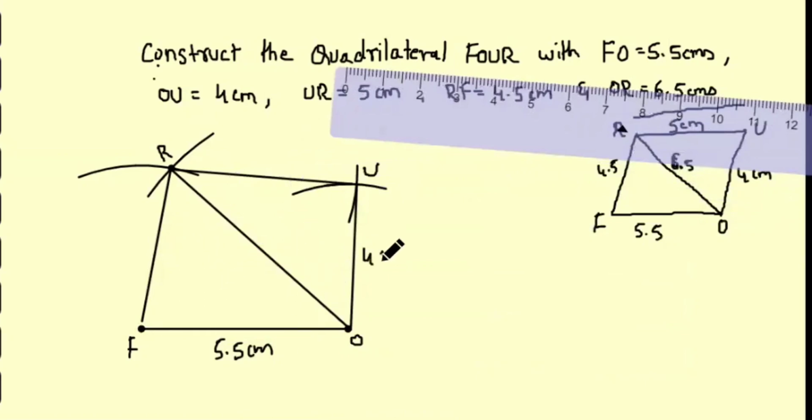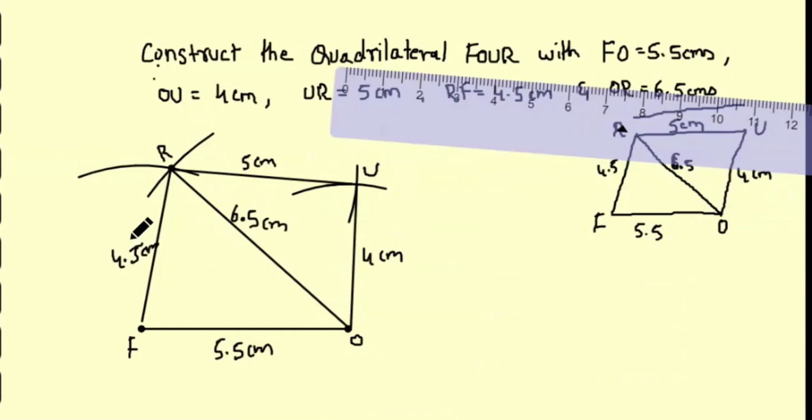This is 4 centimeter, the top one is 5 centimeter, our diagonal is 6.5 centimeter, and one more is 4.5 centimeter. That completes the construction problem.